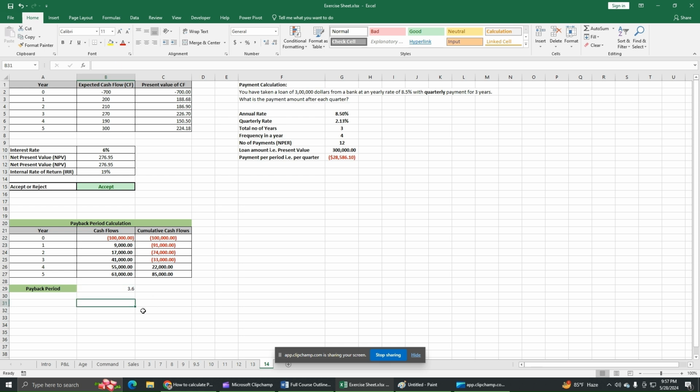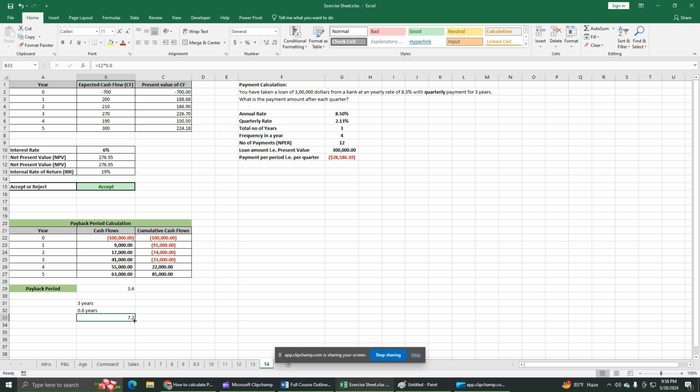If you want to know how many months the business needs, we can see 3.6 means 3 years and 0.6 years. We want to convert this 0.6 years into months. How many months in a year? 12 into 0.6, so 7.2 months.